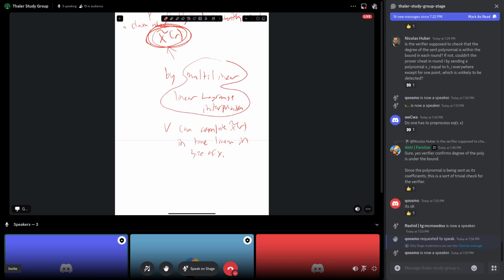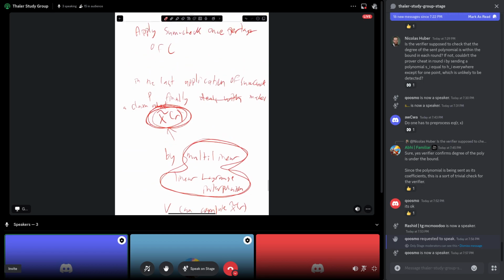There was a question earlier today, like where do multilinear Lagrange interpolation and multilinear polynomials come in? And the answer is always, well, the polynomials we apply sum-check to are built out of multilinear ones. And here is a particularly nice multilinear one that the verifier on its own can evaluate in linear time.